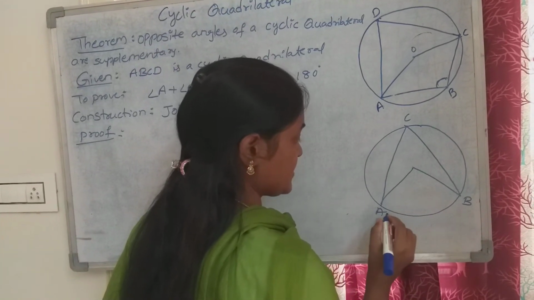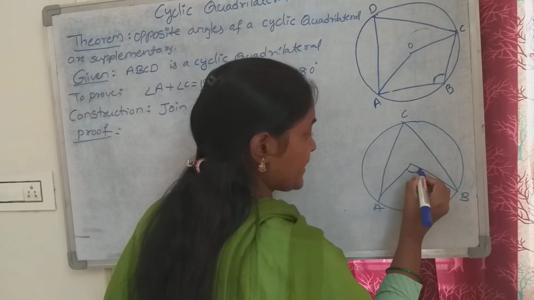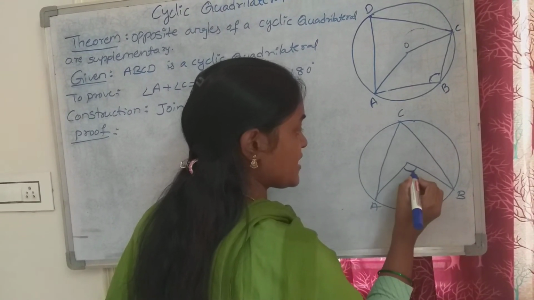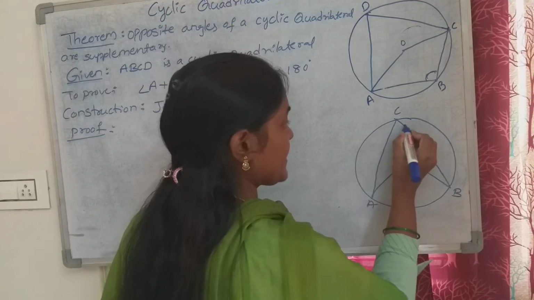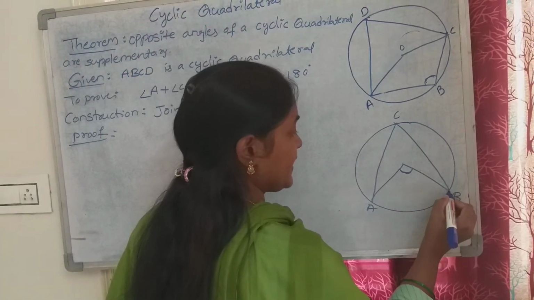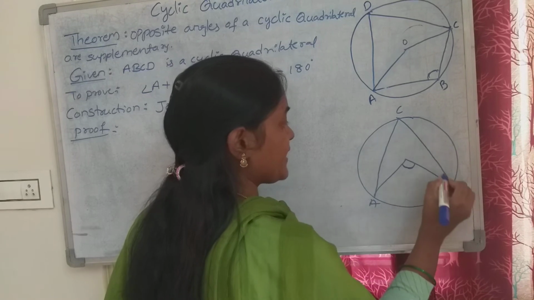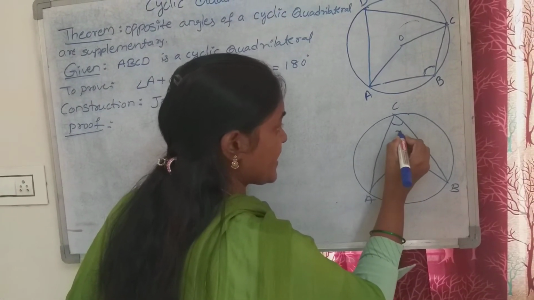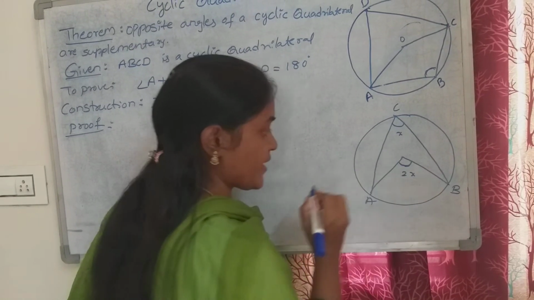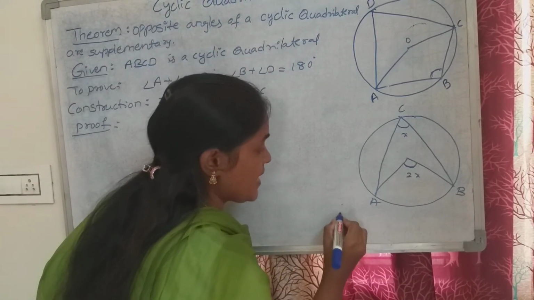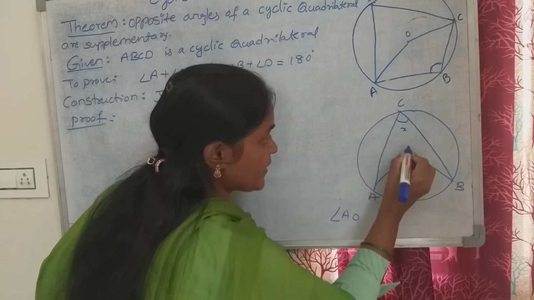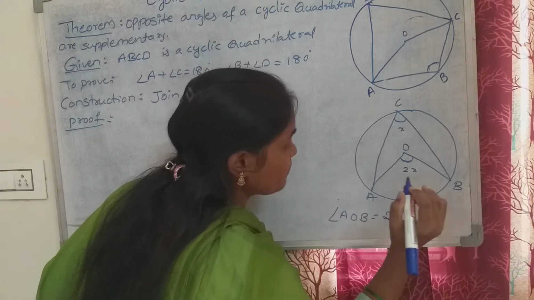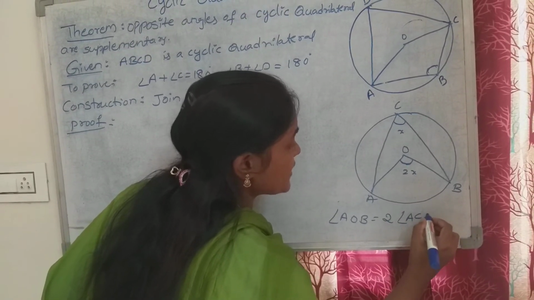The angle subtended by an arc at the center of the circle is double the angle subtended by it at the remaining part of the circle. For example, this is x, this is 2x. Angle AOB is equal to 2 into angle ACB.